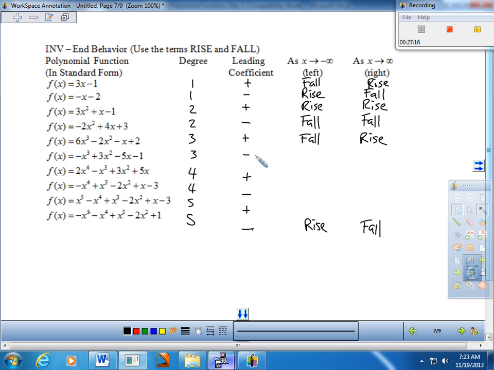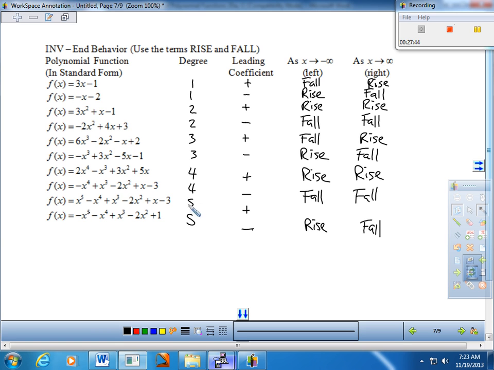Degree 3, leading coefficient negative, then it turns into rise, fall. Kind of interesting. Fall, rise, then rise, fall. Degree 4, maybe, just maybe at this stage you could start to see, even without graphing them, what it may be. But degree 4 positive is rise, rise. Hey everyone, degree 4 negative, what would you think? Fall, fall.